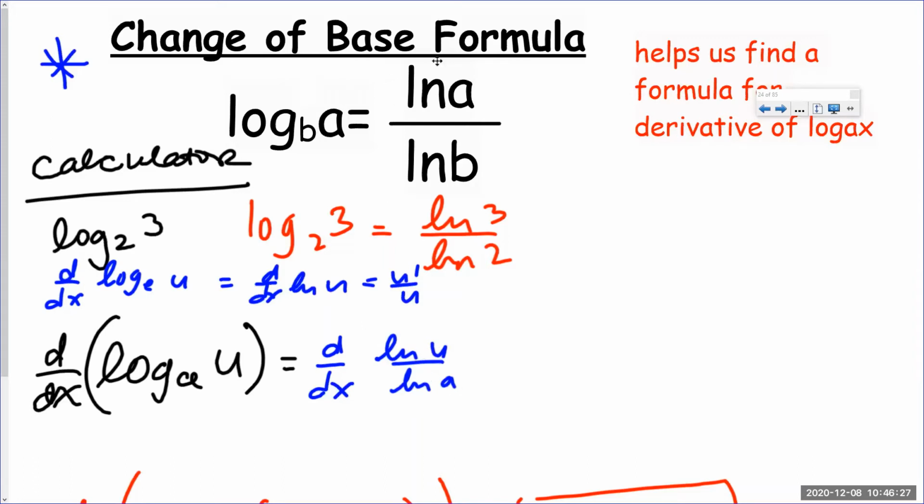I'm just using this thing called the change of base formula. Now, you may or may not understand this, but all of our A's, B's, and C's in calculus are constants. They don't look like constants, but they are. They're 3 or 5 or 7 or 10, okay? And if it's a constant, you can actually pull it out. So this is actually 1 over log A times the derivative of log u, okay?